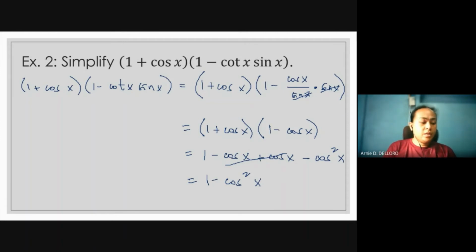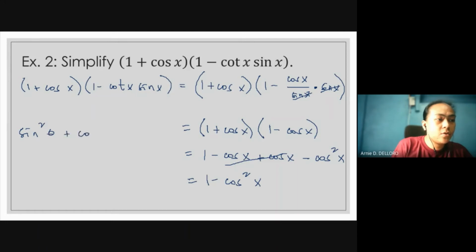Okay? So, ang concern natin ngayon, di ba, recall yung Pythagorean identity na sine squared theta plus cosine squared theta equals 1. Since the equivalent form of the quantity 1 plus cosine x times the quantity 1 minus cotangent x times sine x is 1 minus cosine squared x, pwede pa natin itong isimplify.